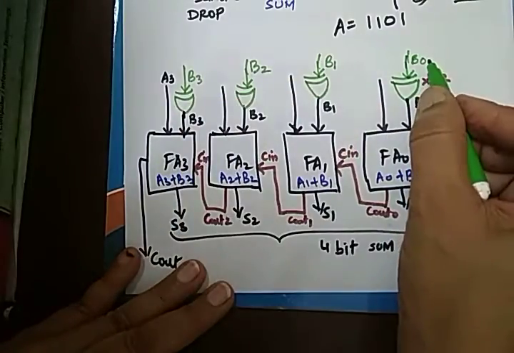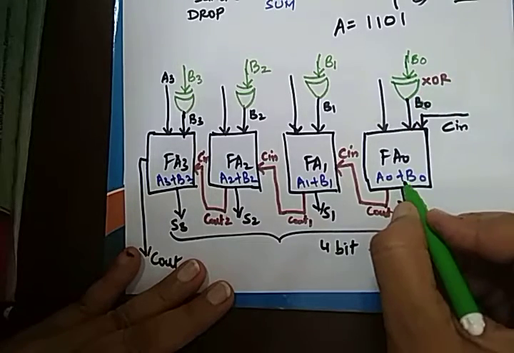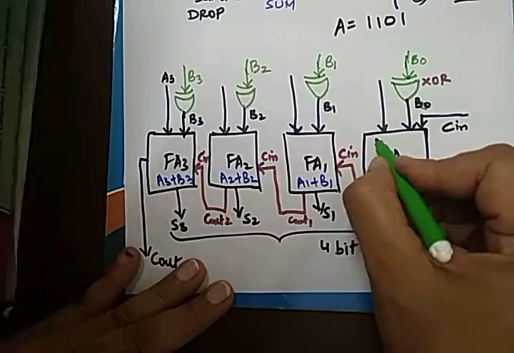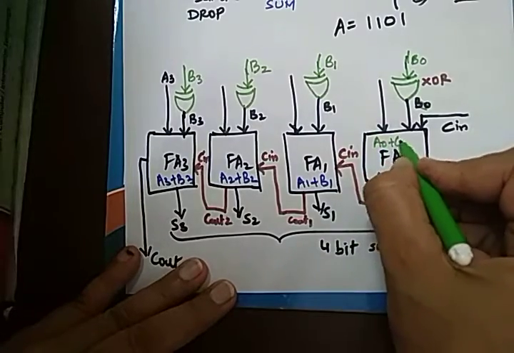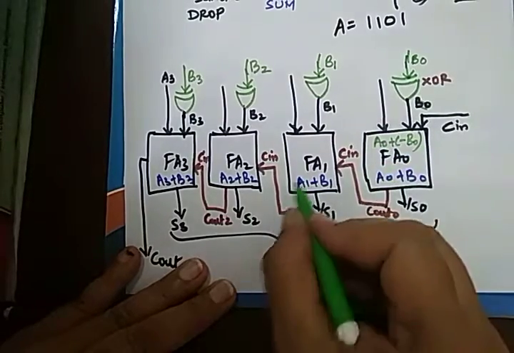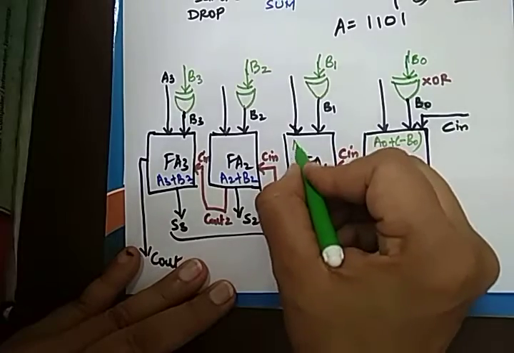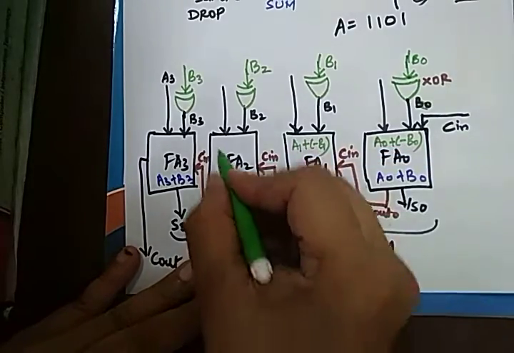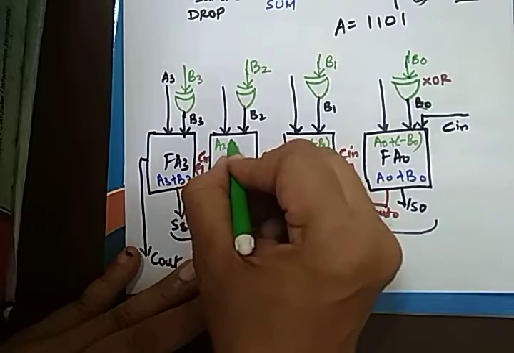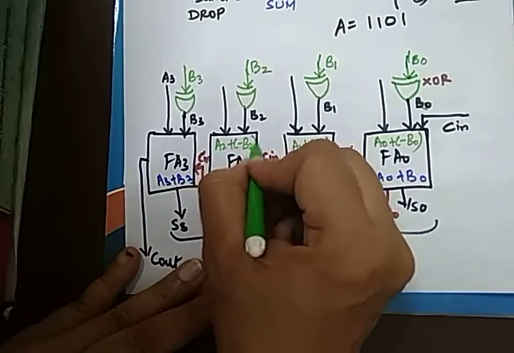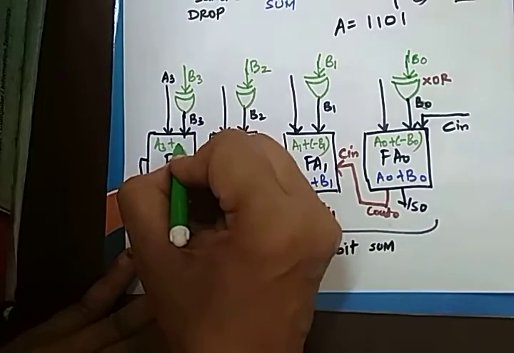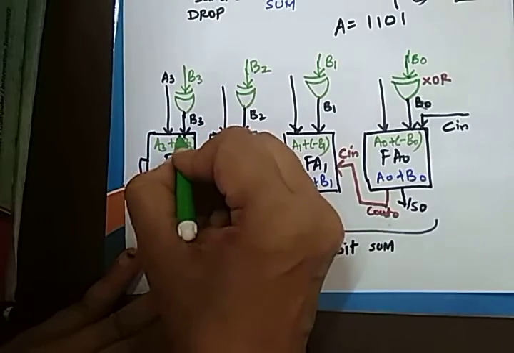So these are the B inputs, and what does this need to do? It has to do A0 plus or minus B0. This adder has to do A1 plus or minus B1. FA2 will do A2 plus or minus B2. And FA3 will do A3 plus or minus B3.